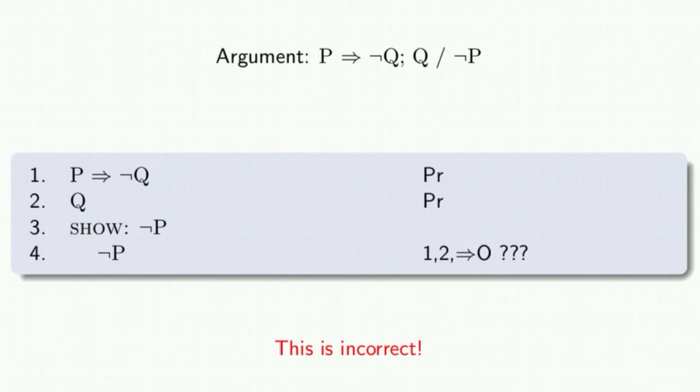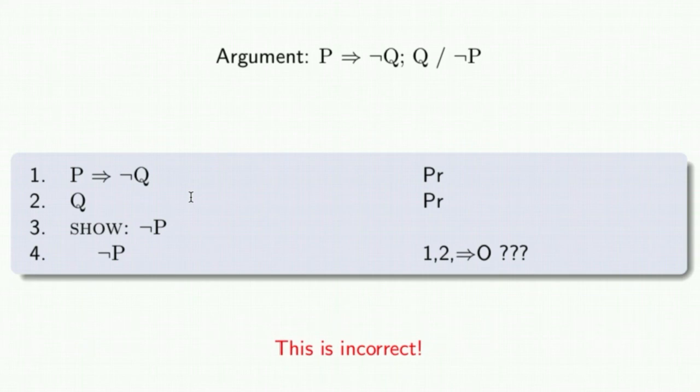If you look at the rule sheet, to apply the modus tollens version of arrow out, you have to have the negation of whatever is in the consequent of the conditional. And the negation of not Q is not not Q. It's not just Q alone. And so that proof there is incorrect.